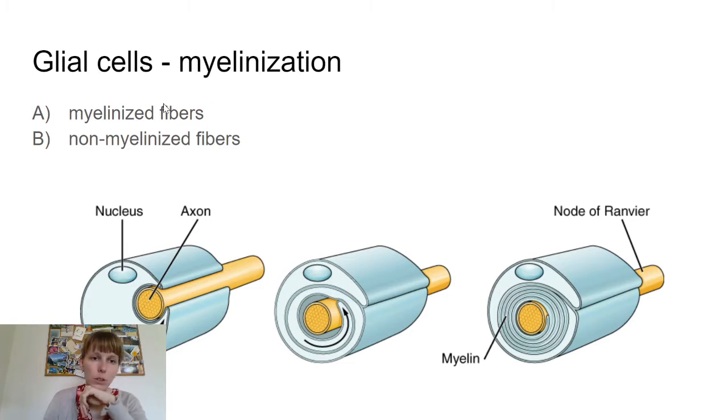That's important to realize. In the central nervous system and in the peripheral nervous system, there can be myelinated and non-myelinated fibers. The difference will be in the speed of the traveling of the information along these fibers.